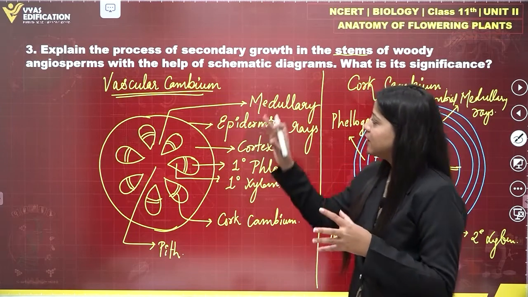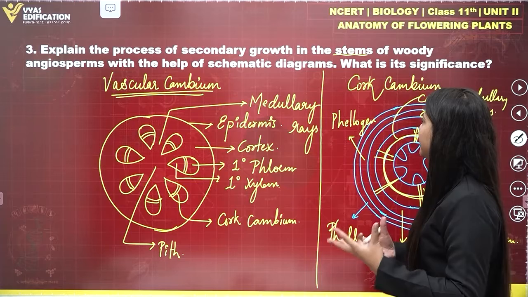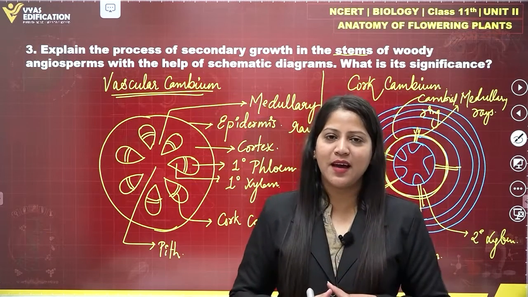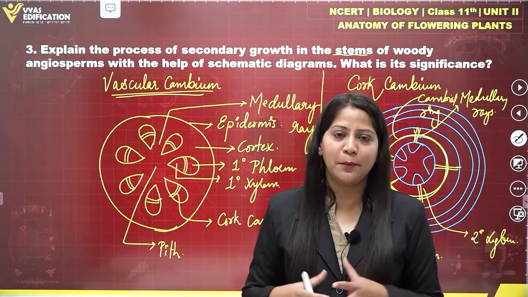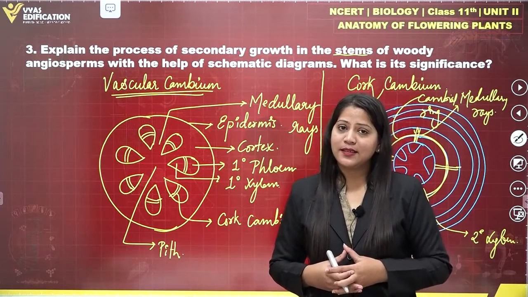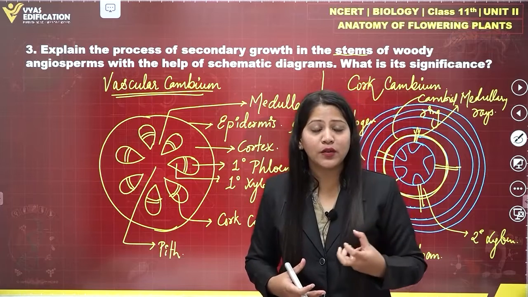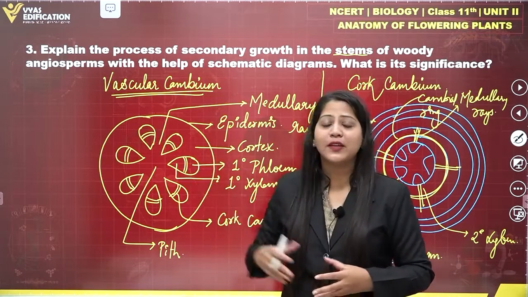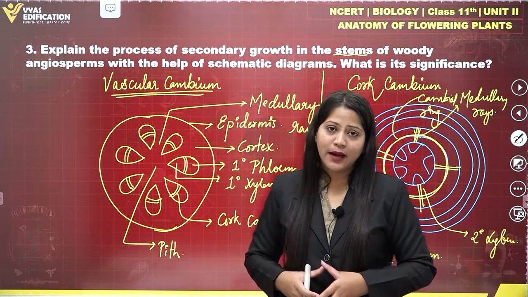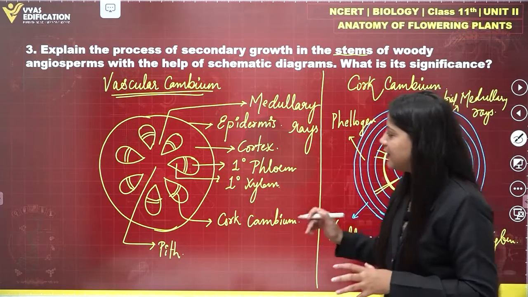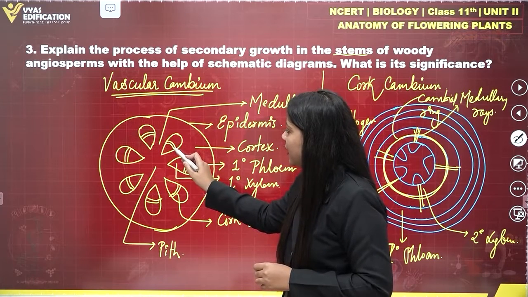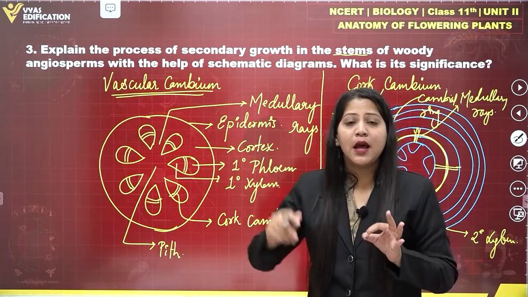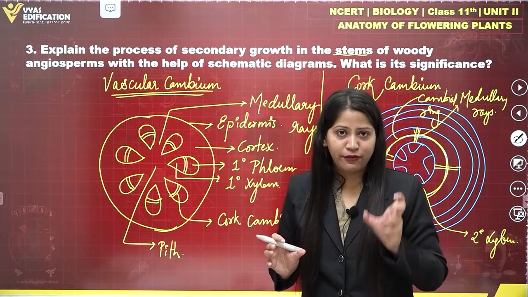We know that the process of secondary growth in the stem of woody angiosperms takes place with the help of two types of cambia, Vascular Cambium and Cork Cambium. So let's discuss how secondary growth in the dicot stem actually takes place. First, with the help of Vascular Cambium, in this diagram you can clearly see these cambial strips present between primary xylem and primary phloem.